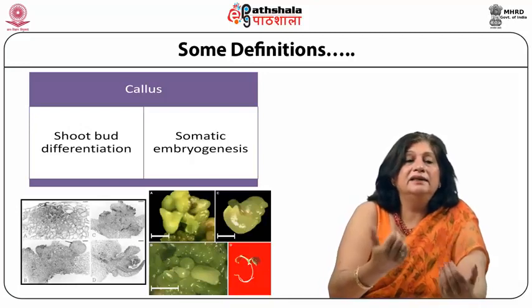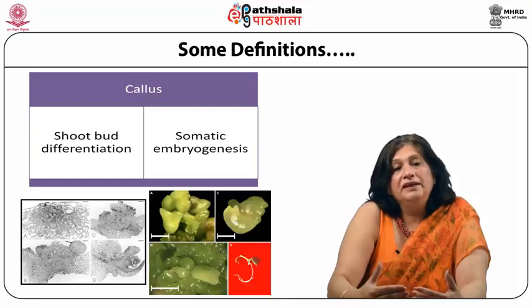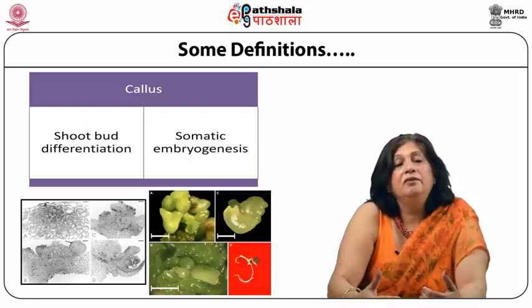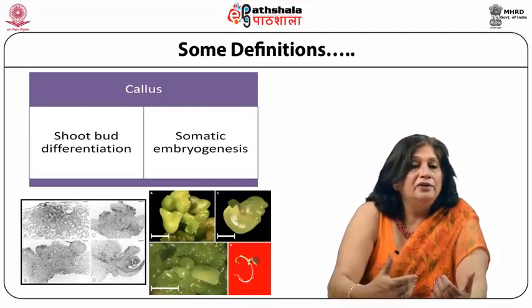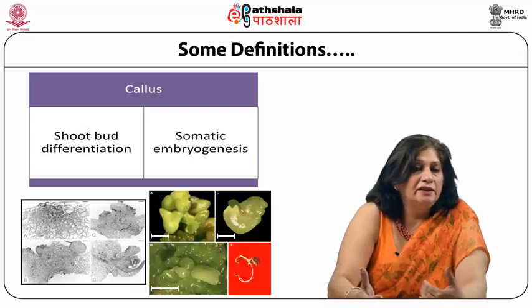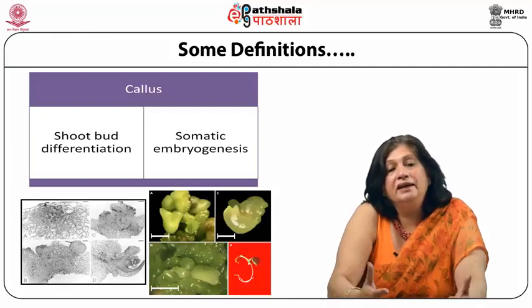But in plant cells, when you are doing it artificially, you can program this callus further to develop either into shoot bud differentiation or to form somatic embryos. As you see, the conditions are different. You require one set of conditions for callus proliferation and another set of conditions where you induce either shoot buds or somatic embryos.